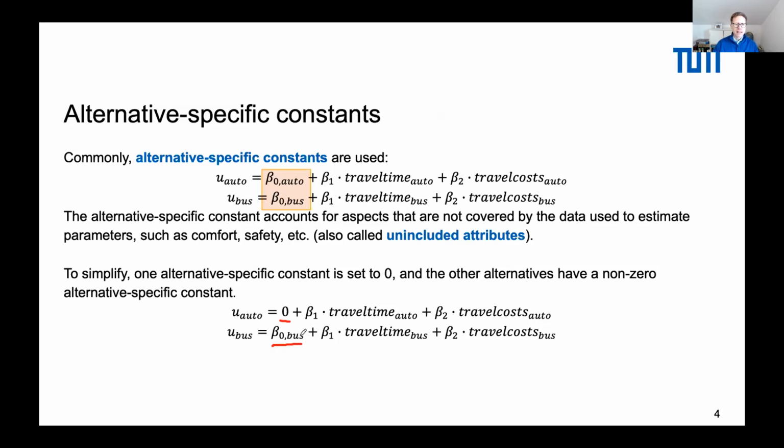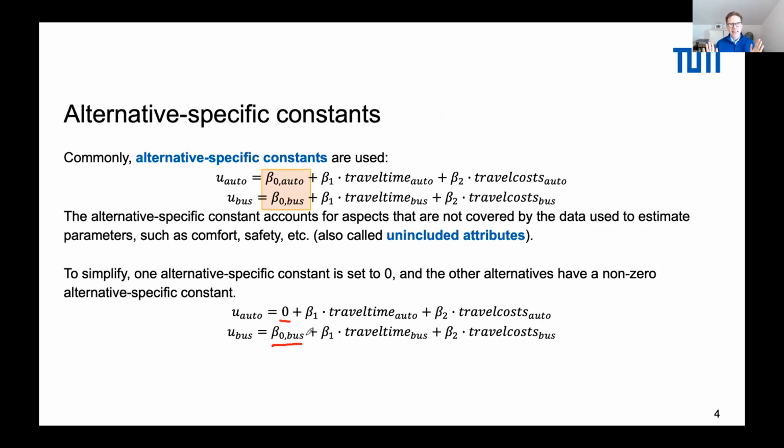Then we can say beta 0 for bus has the value of minus 0.2. And then I can compare this to the auto. So in comparison to the auto mode, the unincluded attributes make bus 0.2 less attractive. That's why we like to set one of them to 0, because then we can talk about them more easily than if we had a value on all of them.